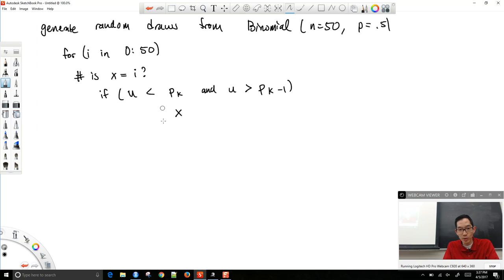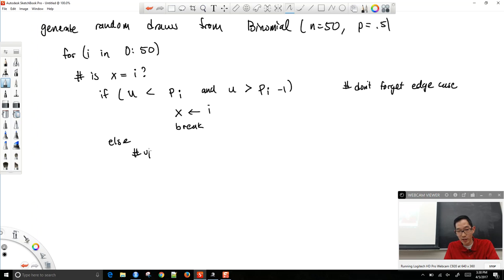So obviously there's a little bit of an exception when you start off with 0, okay? Don't forget the edge case. Okay, and if yes, then x will take on the value I, and then you will break, okay?